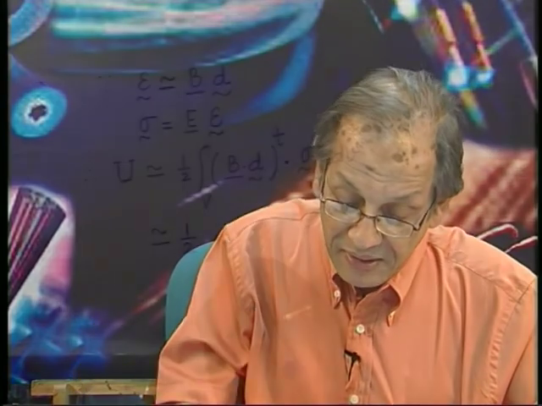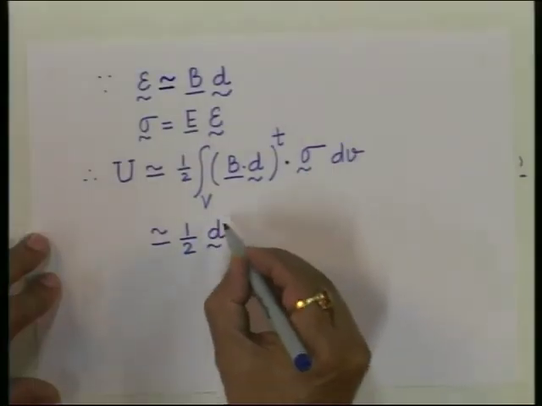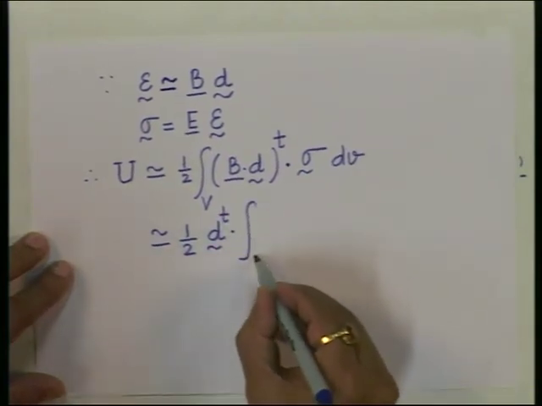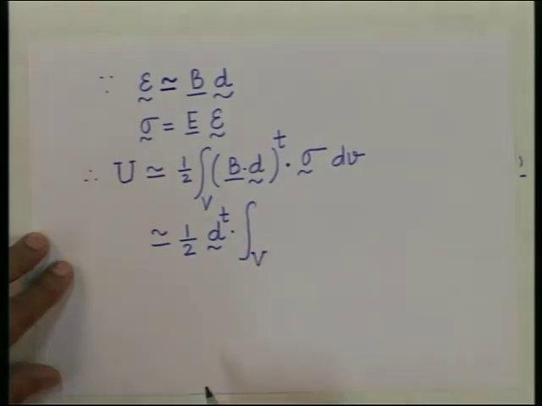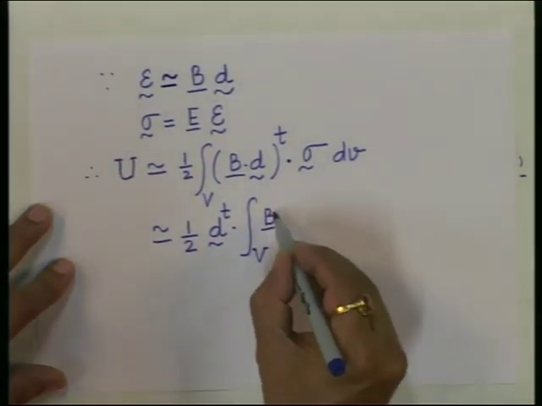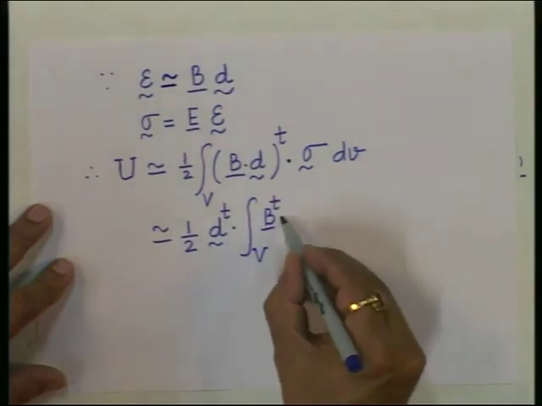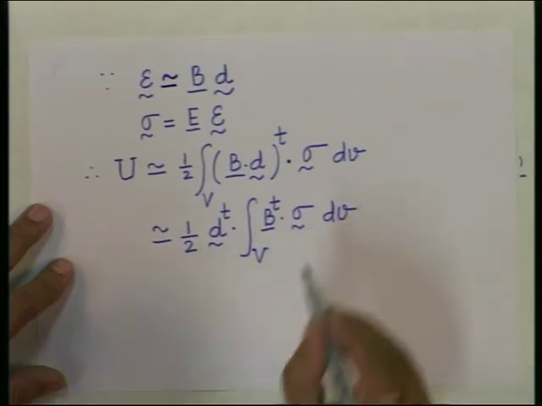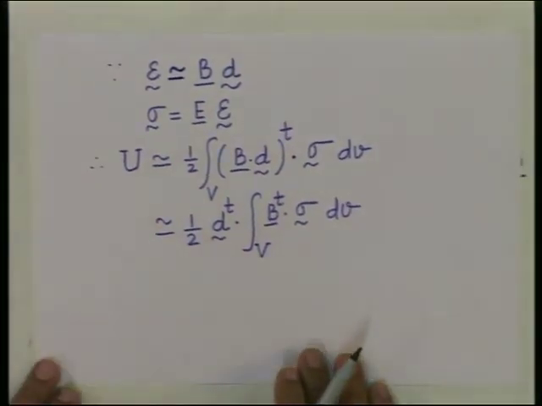So, it will be D transpose, taken outside the integral sign, then volume integral of B transpose, I hope you are with me, then sigma. So, this is a very important expression for strain energy.